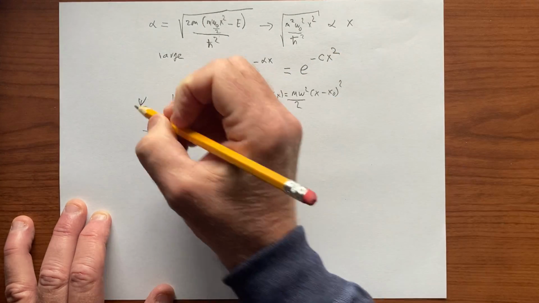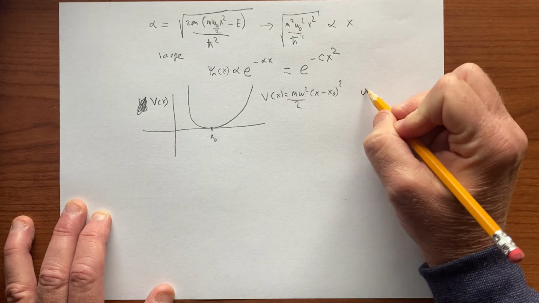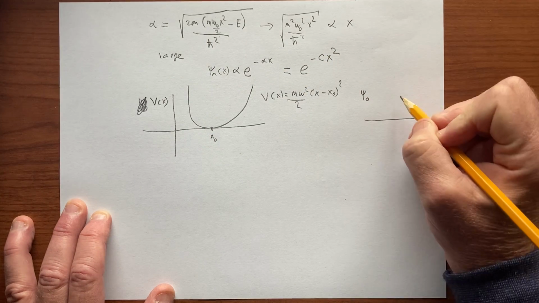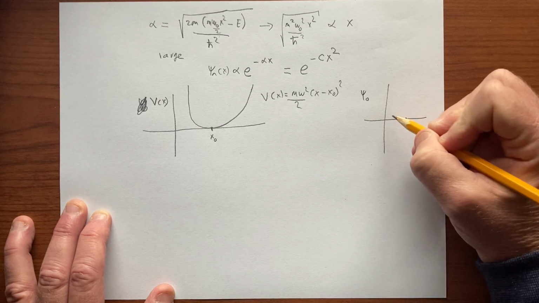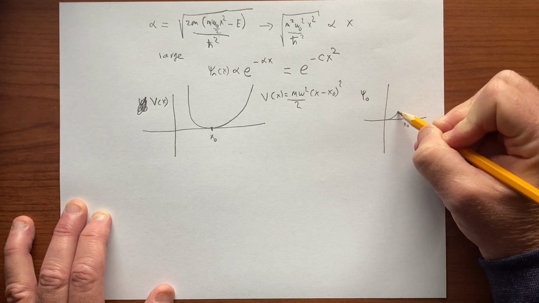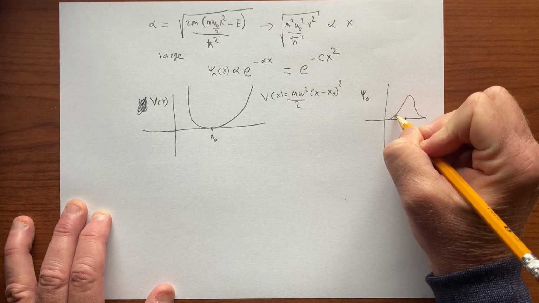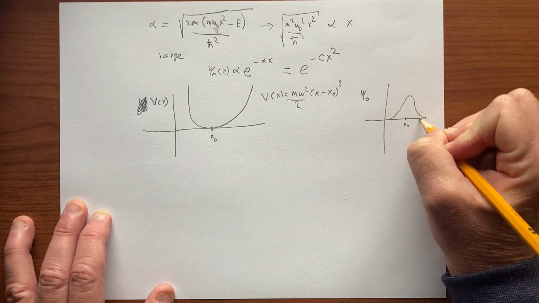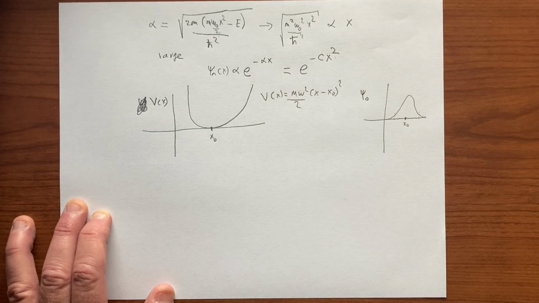That's the potential. And let's say we want to draw the ground state. We already know that the ground state looks something like this, where the bending shifts. That's the expression that we get.